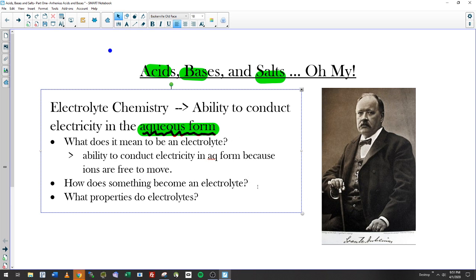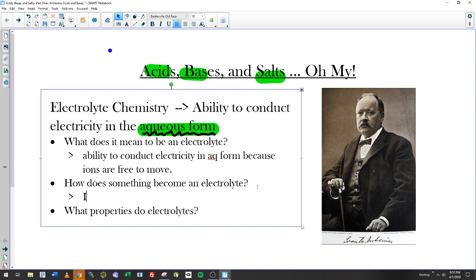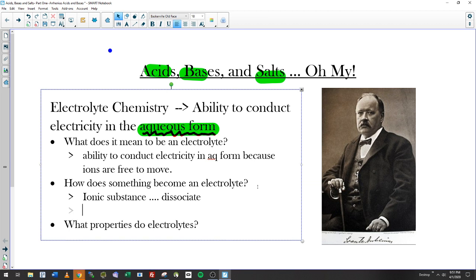How does something become an electrolyte? That's an interesting question. If you're an ionic substance, you have to dissociate. If you are a covalent acid, not all covalent substances do this, just covalent acids, you are going to ionize. But this only works if you have H+ in the first position, according to this gentleman named Arrhenius.